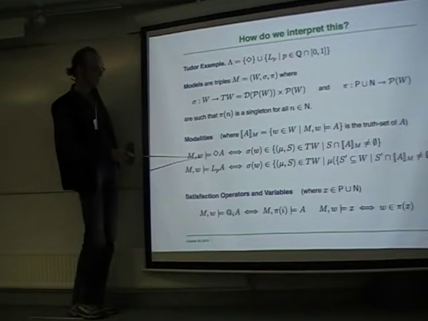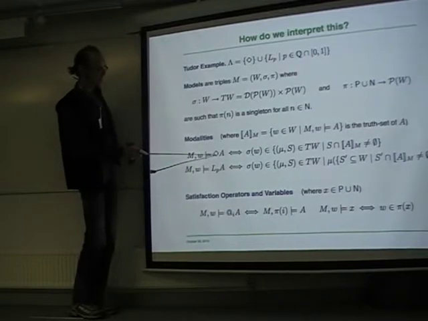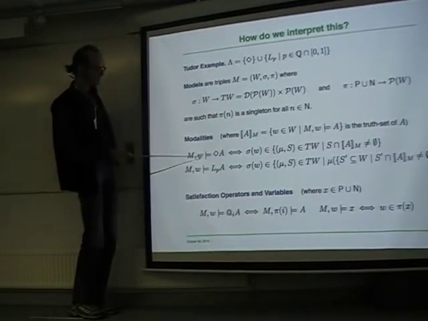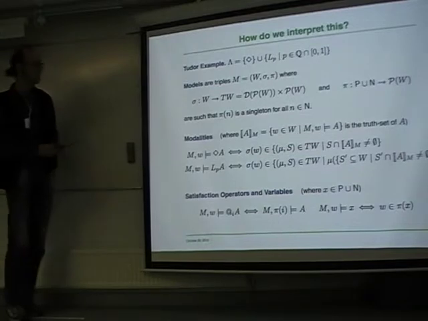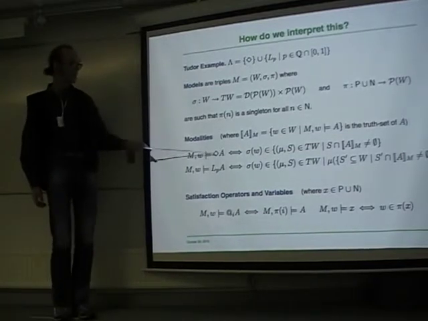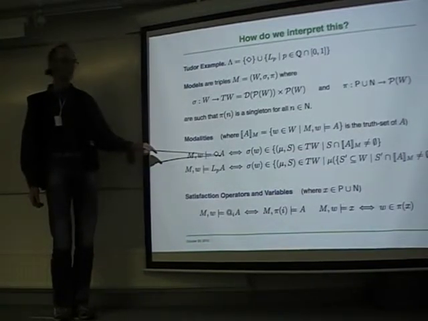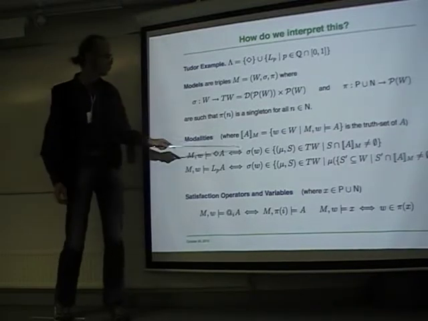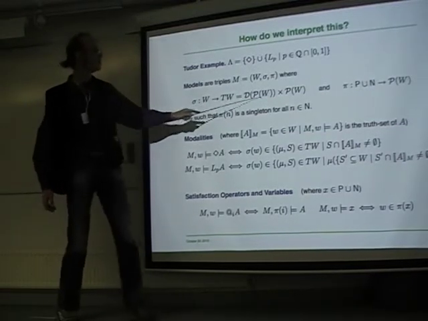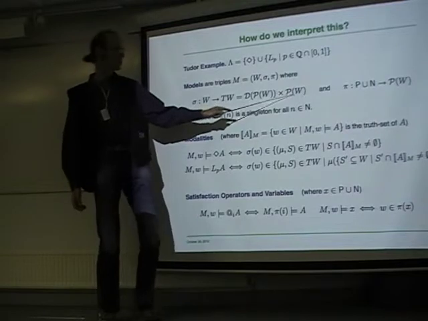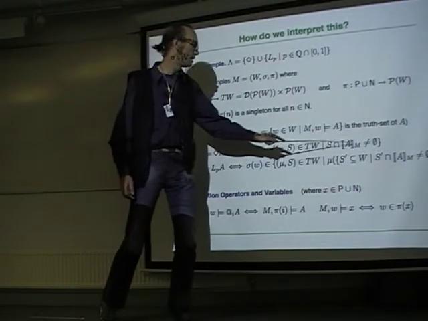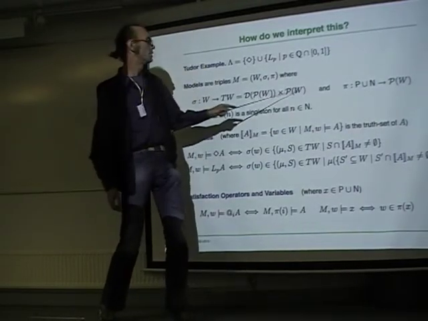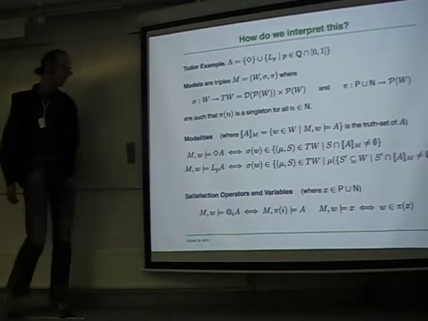So an individual W satisfies diamond A. The reading is that W has had an affair with somebody satisfying property A. So we push it through this function, we look at the right component, and we say yes if somebody with property A is in this set.